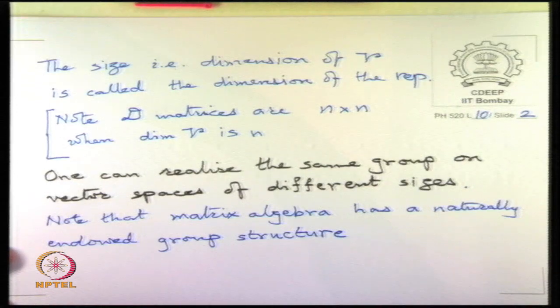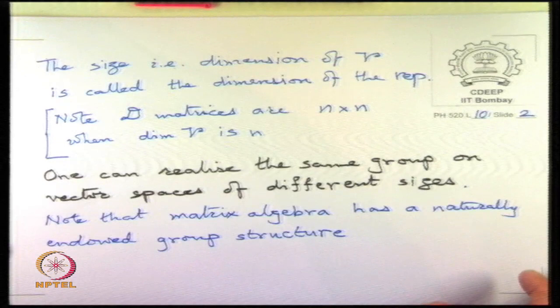Even natural numbers have a group structure, because you can add things and subtract things, so there is some group operation you can identify within your already existing knowledge of this algebra.